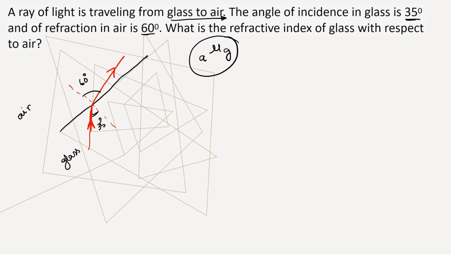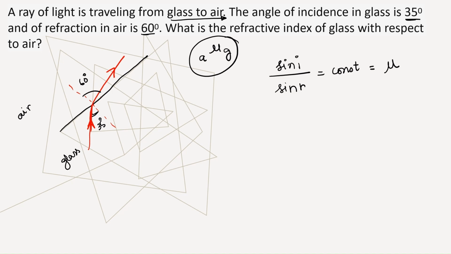Snell's law states that sine angle of incidence and sine angle of refraction both are constant, and with further experiments this constant is equal to refractive index, correct? Sin I by sin R. So the light is traveling from where?